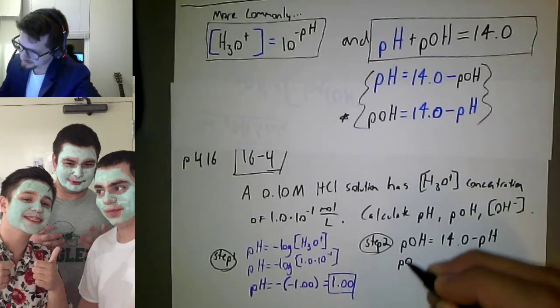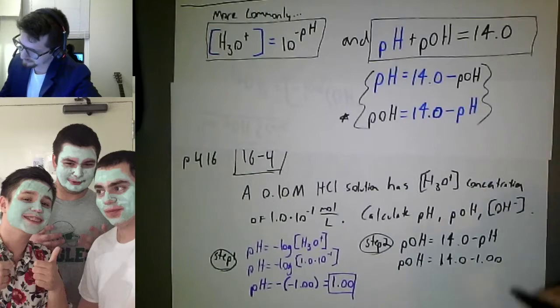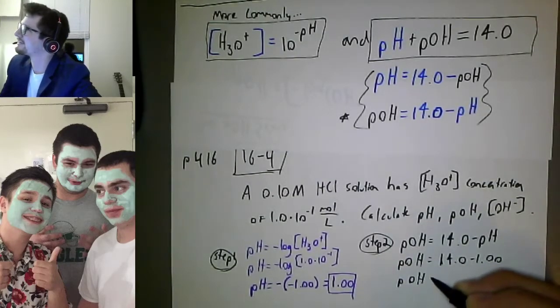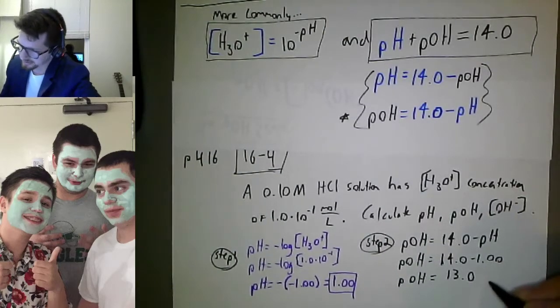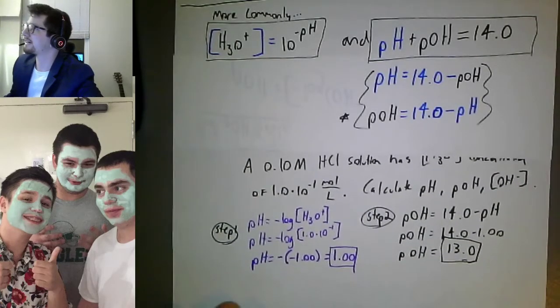Okay? So what's my pH now? 1. What's 14 minus 1? Oh wow, guys, this is getting hard. My pOH content is 13.0. Fantastic.